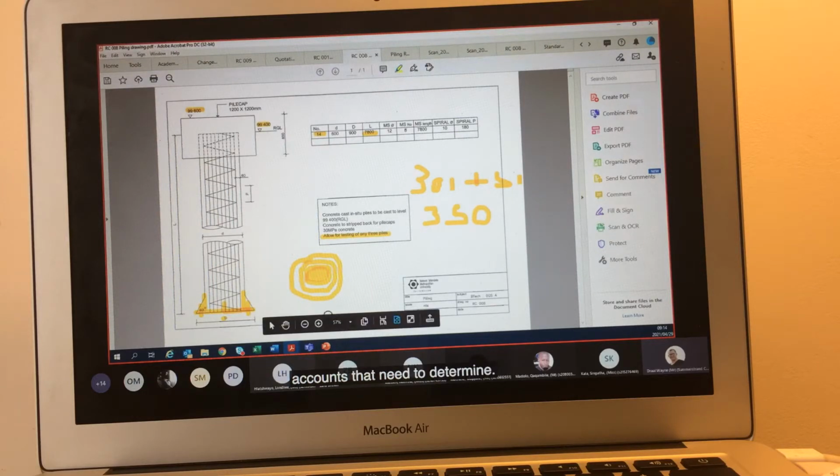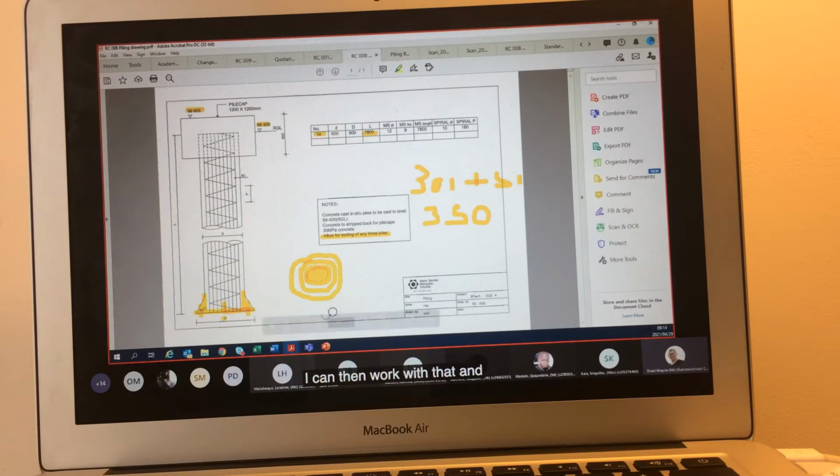That's the circumference that I need to determine. So I have the 300 plus the 50 millimeter, from what I had now learned working from the base of my cross-sectional properties in structure, that in this instance will be a third of 150 plus the 300.